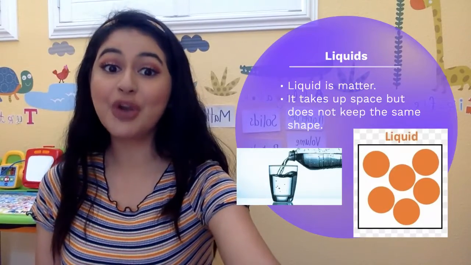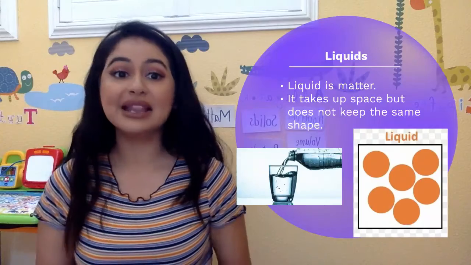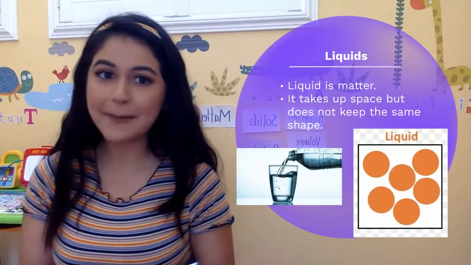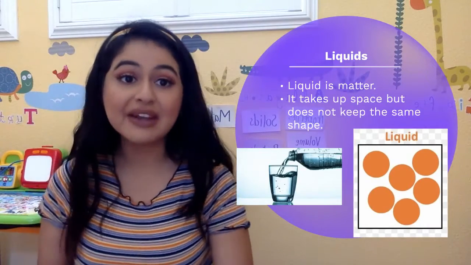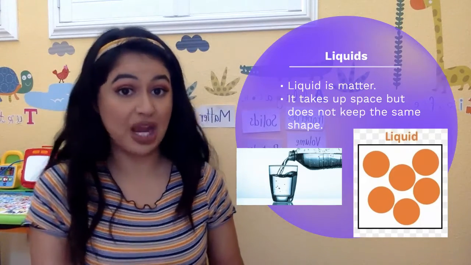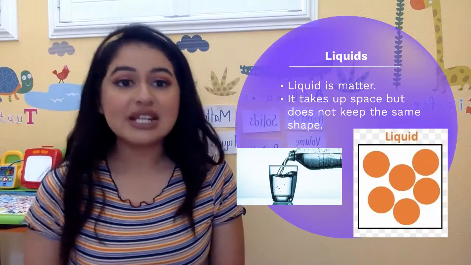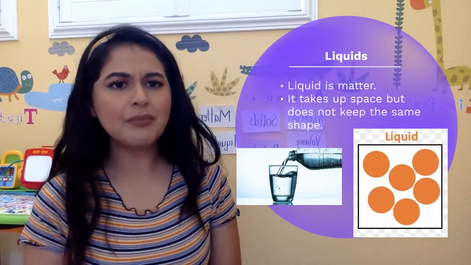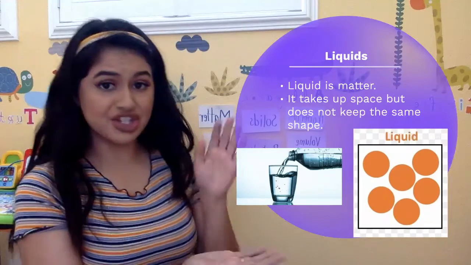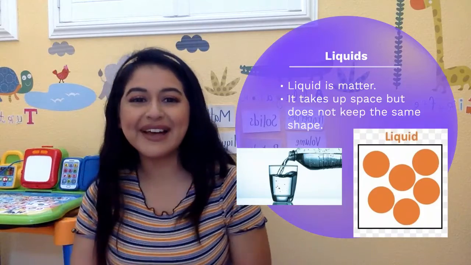Here's another term, liquid, just like líquido in Spanish. Liquid is a matter. It takes up space but does not keep the same shape. Just like a solid, it has a fixed volume. How do the particles look in this shape? Good job, Chantel.